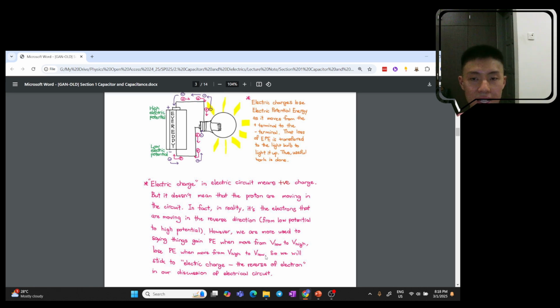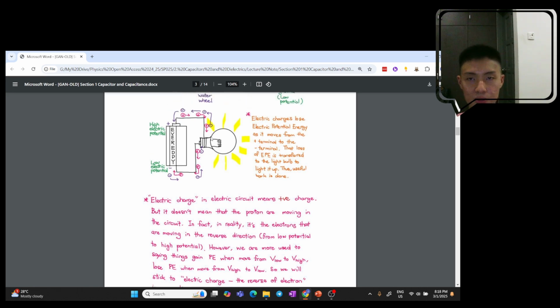But if you insist on talking in terms of electrons, we know that the electrons, if you look at the battery, will move from high to low through the battery. Based on our perception and our everyday life thinking, this is as if the electron is falling.